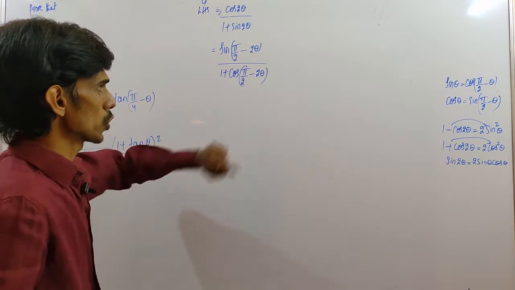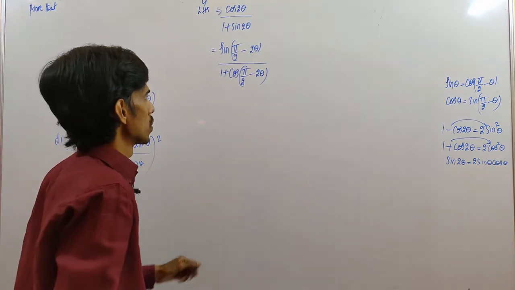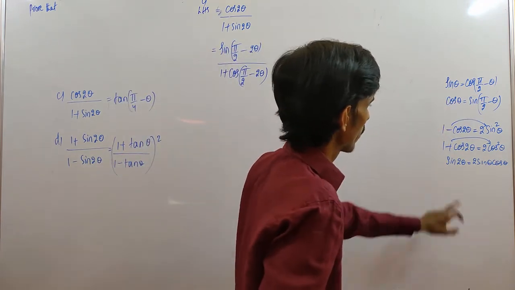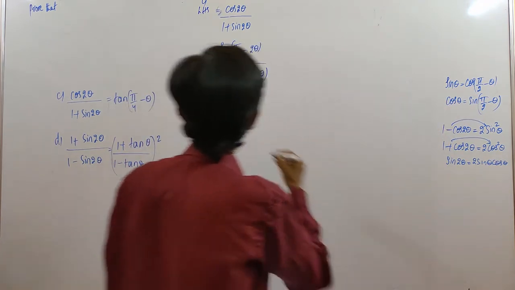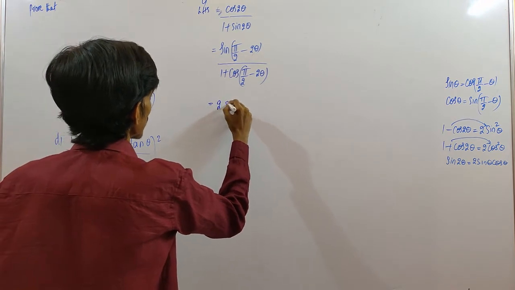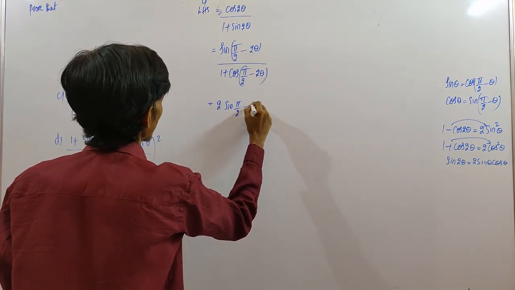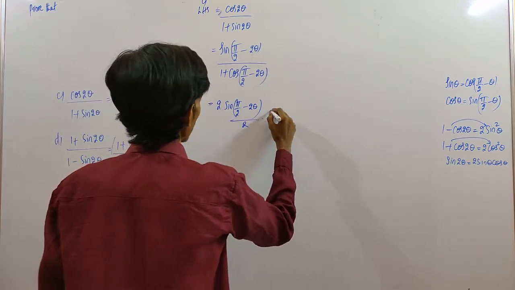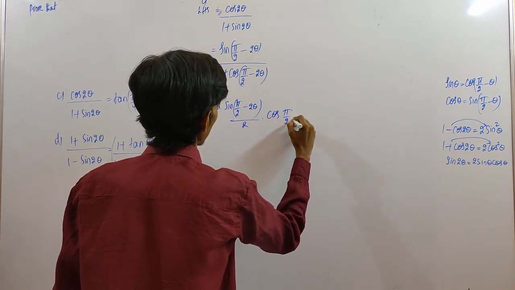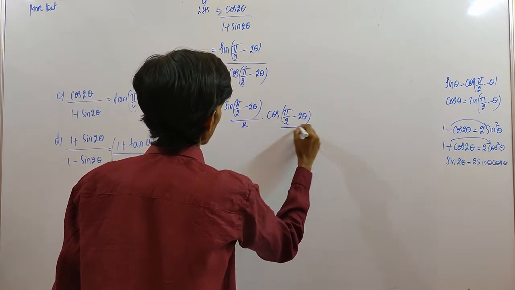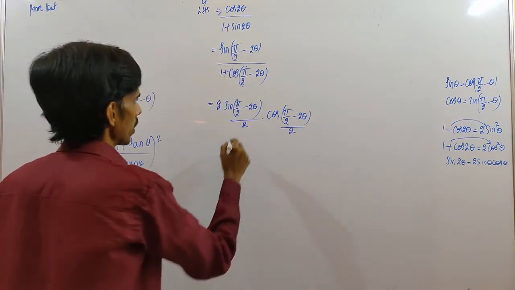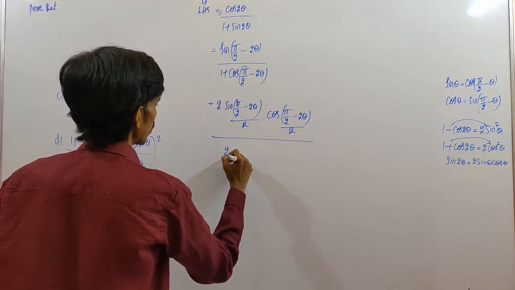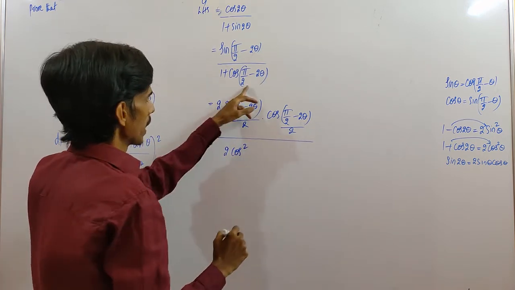Now we have the 1 plus cos theta formula. Treat this as theta. So we have the 1 plus cos theta formula and the sin 2 theta formula, which is 2 sin theta cos theta. So this can be written as 2 sin of (pi by 2 minus 2 theta) by 2 into cos of (pi by 2 minus 2 theta) by 2, divided by 1 plus cos theta, which is 2 cos square theta by 2.